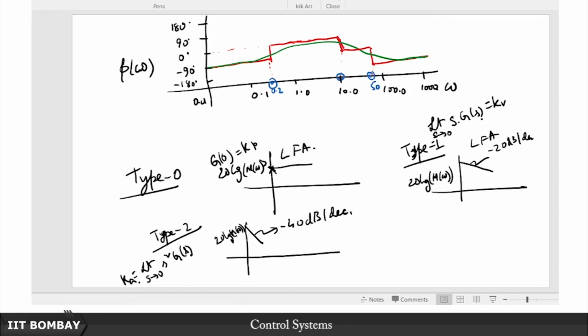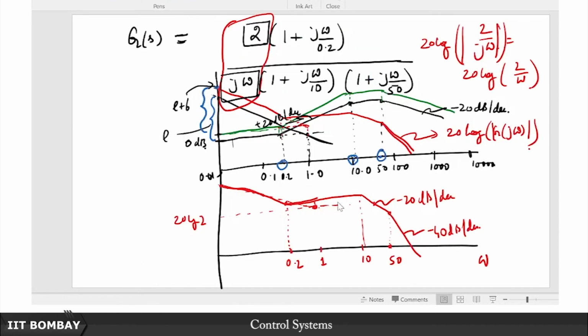Why am I saying that is the most important observation? Again, cast your attention back here. Now suppose I were to add, so this is a typical type 1 system, let me draw with a dotted blue line, a differentiator to this, like this, and then try and find the resultant of this. What would that resultant be? You see, at omega equal to 1, this differentiator contributes only 0 dB, that is nothing.